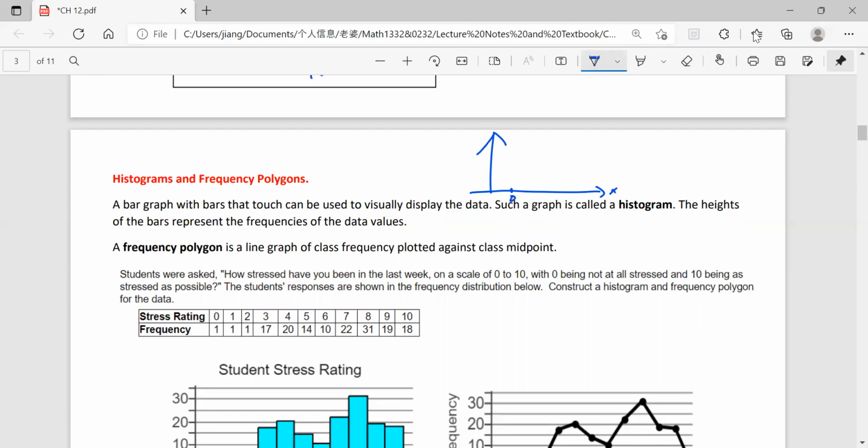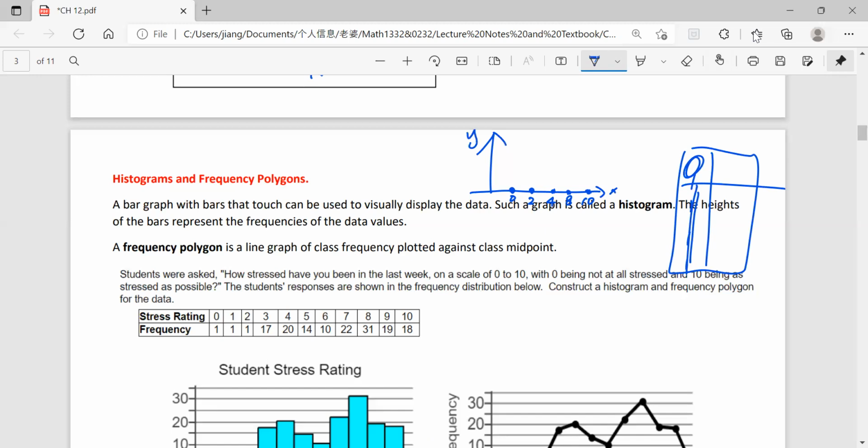Maybe students said 0 hours, I don't study. Maybe some of them say 2 hours, maybe 4 hours, 8 hours, or 10 hours a day. These are the data, just like the data in the column of our table here.